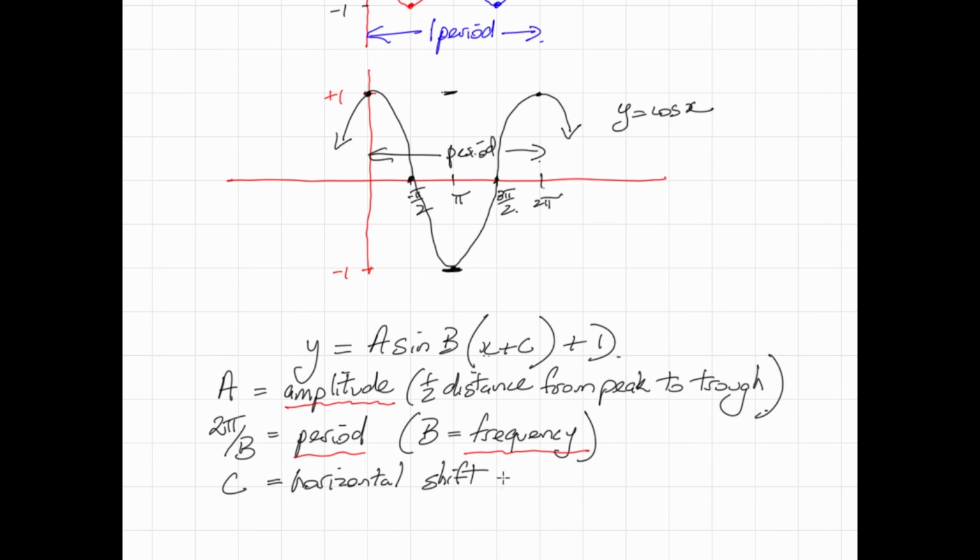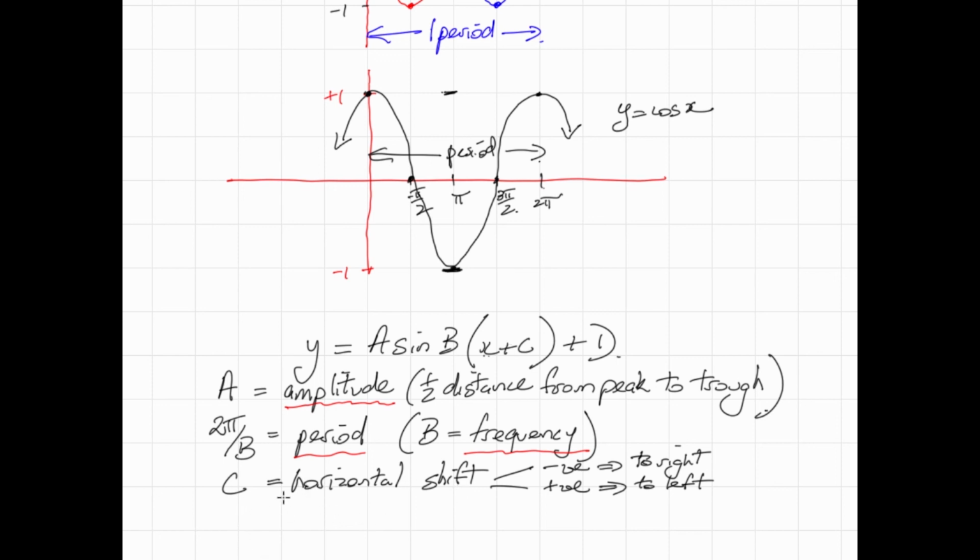It turns out that if c happens to be a negative value, then you shift to the right, and if c happens to be a positive value, then you shift to the left. So c is a horizontal shift. In other words, we would pick this whole graph up and move it c units either to the left or right, depending on whether this was positive or negative. So that's the horizontal shift.